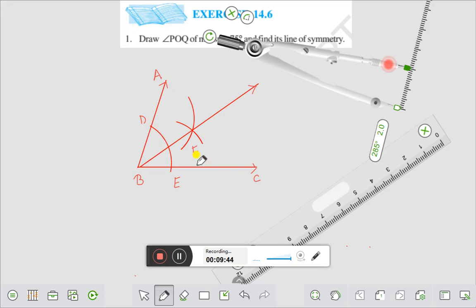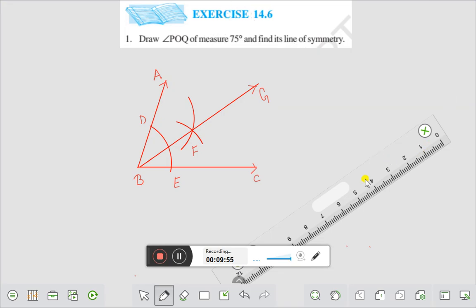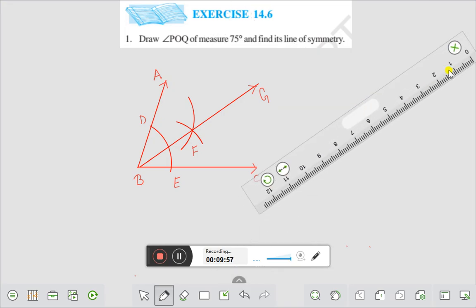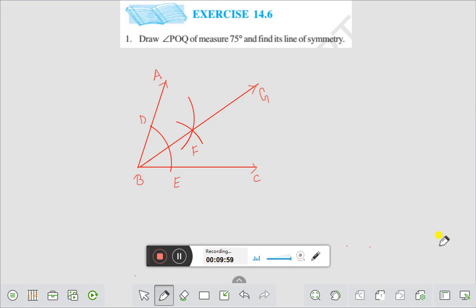A, B, C, D, E, F, this is G, right? Now we'll remove the compass and also remove the scale. Now you see what you are getting.